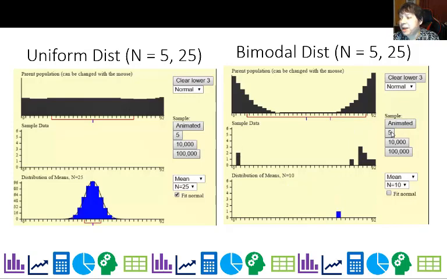Let's do 10 now and see what I start to get. And it's starting to get a little bit normal. Let's go sample size 25. And you're going to definitely have more of an average in the center there. And you can see here, as I increase the sample size, I am starting to get a normal distribution.